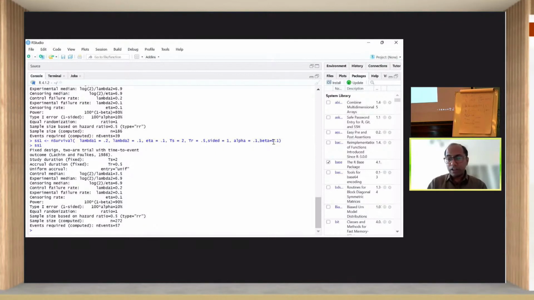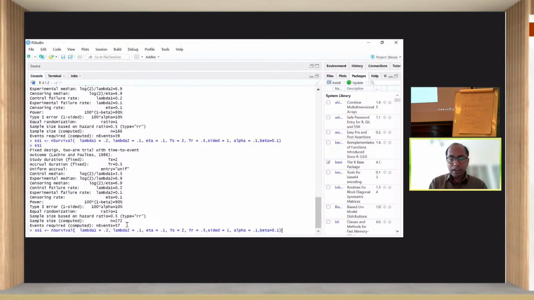Not only the alpha and beta values, we can also make an attempt with the assumptions for lambda 1 and lambda 2. The greater the difference between lambda 2 and lambda 1, the smaller the sample size you get. The smaller the difference, the larger the sample size. Another example: I will not change the alpha and beta values, so with alpha 0.1 and beta 0.1, I am supposed to get 272 and 57.